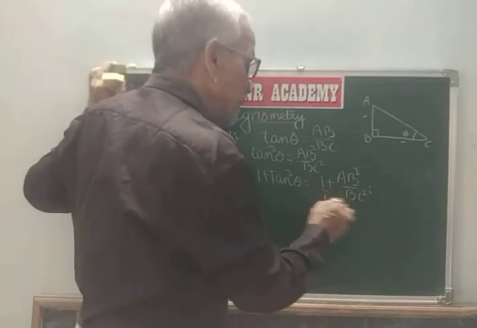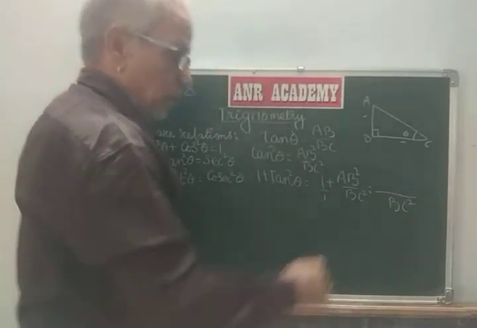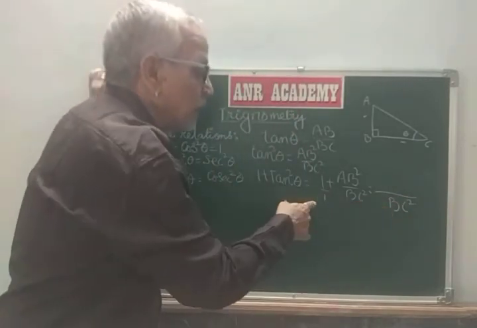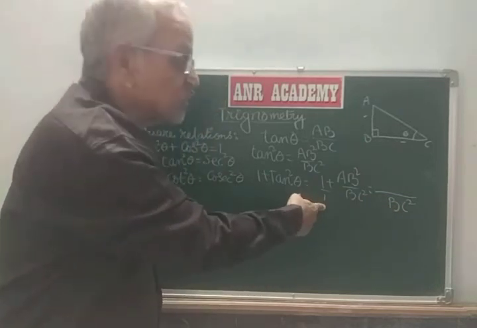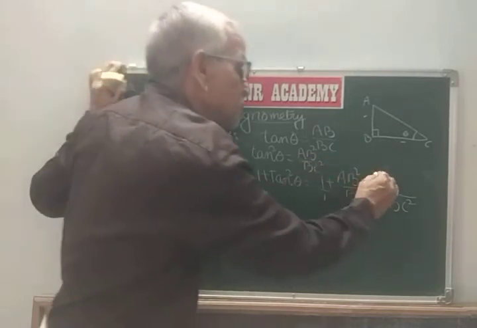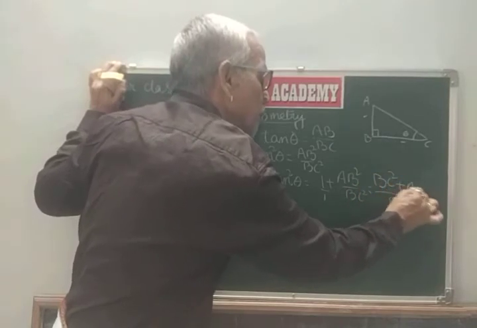So let us take the LCM and add. What is the LCM? BC square. LCM divided by denominator, BC square by 1, BC square into 1, that means BC square plus AB square.